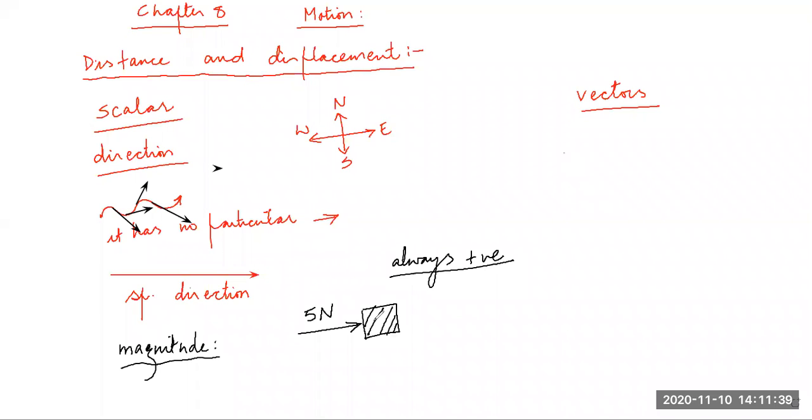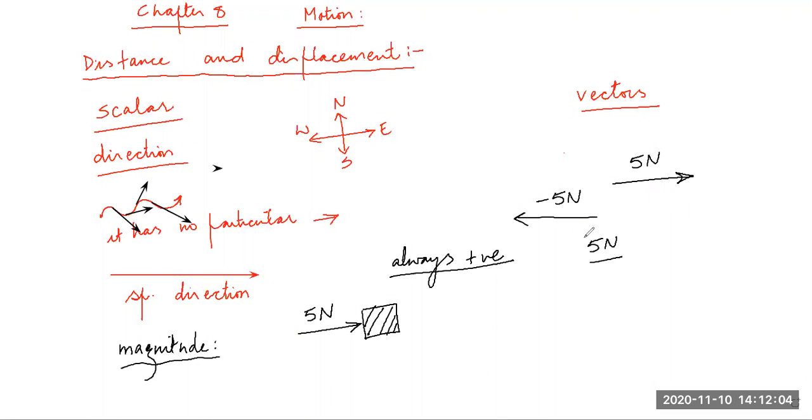You see, magnitude. Even if the force is in this direction, if I take force in the positive x direction as positive, obviously this force will be negative 5 Newton if this is 5 Newton. But the magnitude of both the forces is 5 Newton.